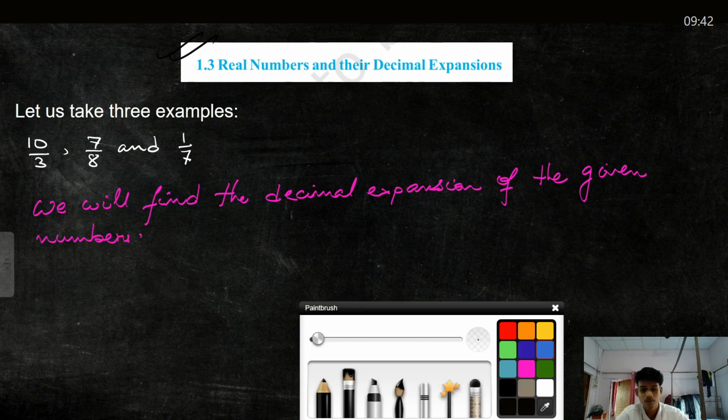Now, number 1 is 10 by 3. 3 times 3 is 9. 10 minus 9 is going to be 1.